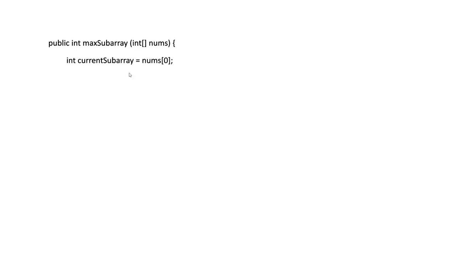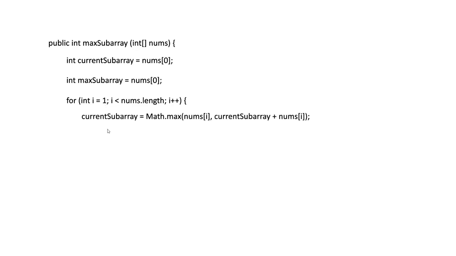So let's code it. We're going to define int current subarray is nums[0] and int max subarray is nums[0]. If we use the example -2, 1, -3, and 4 that I was using before, both of these would be -2. We're going to loop through all the integers in nums, and we're going to start with index 1 because we already have the first number here, so there's no need to compare it to itself.